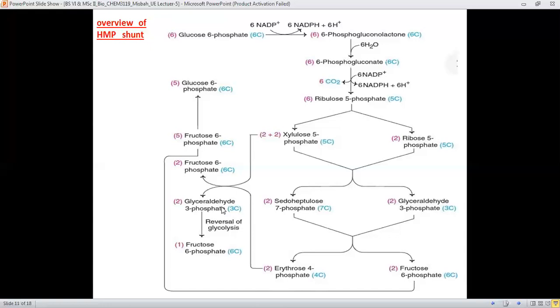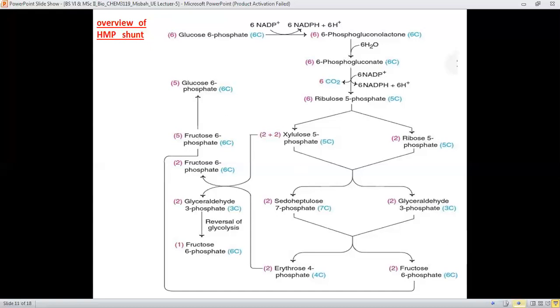Now the glyceraldehyde 3-phosphate enters the cycle which is called glycolysis to yield the fructose 6-phosphate. And the fructose 6-phosphate which comes over here goes towards the glucose 6-phosphate, and glucose 6-phosphate can enter a number of pathways.